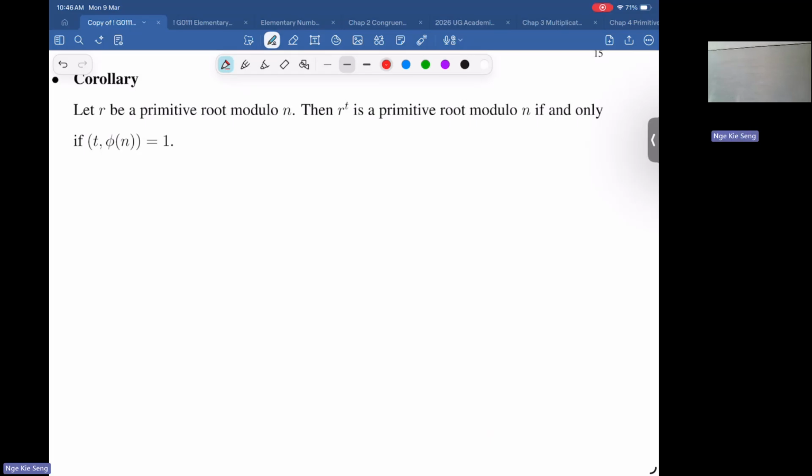We can get all of them using powers of r. And then you want to ask again, which ones among these are primitive roots? And here it gives you a condition that as long as your power t has GCD 1 with phi(n), then r to the t is a primitive root.